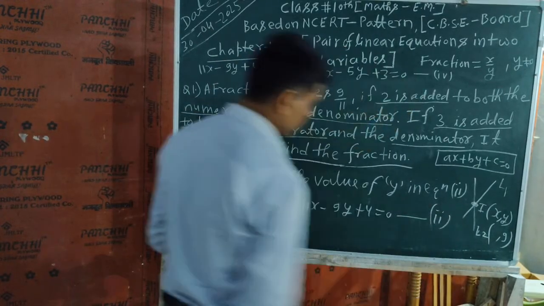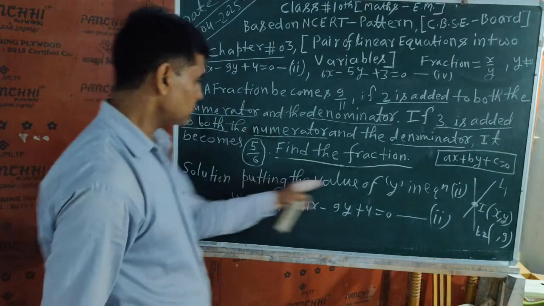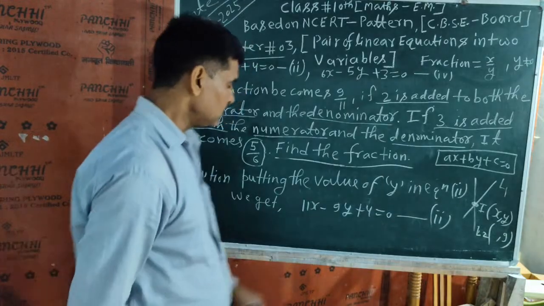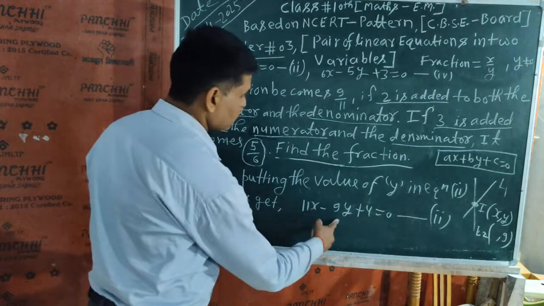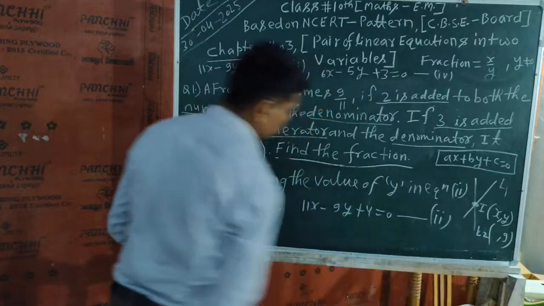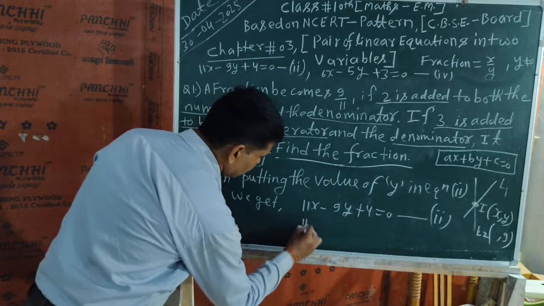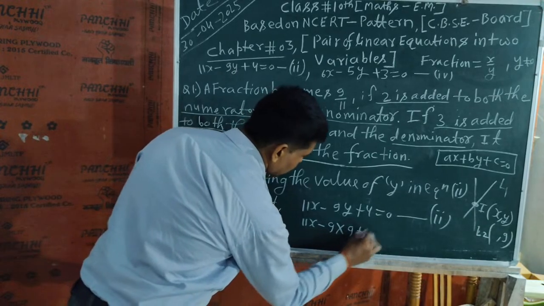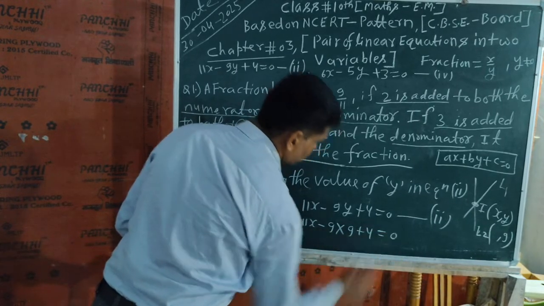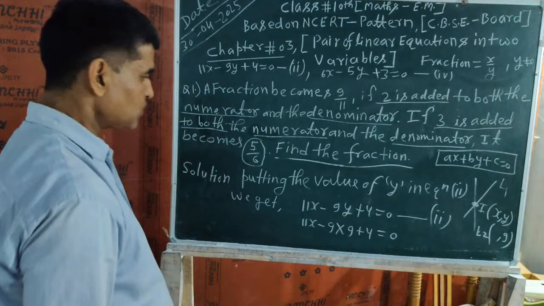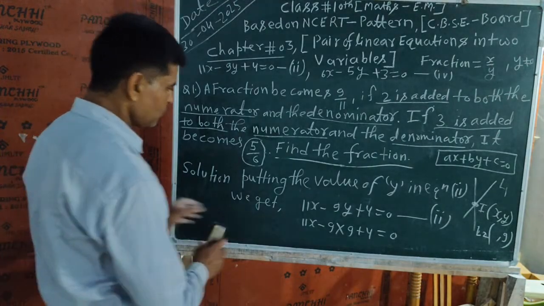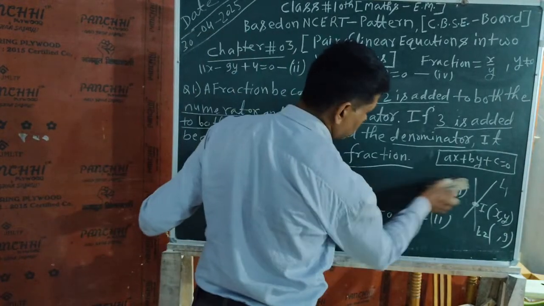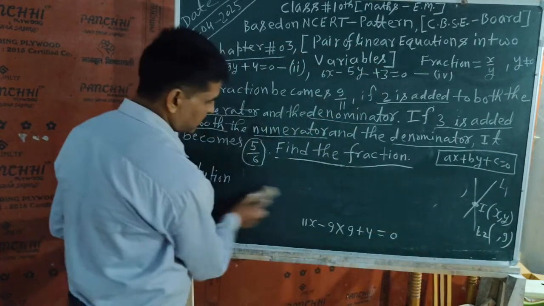Here I have to write. Okay. Now this information we have to use in this equation. So in the place of y, I have to put the value of y is 9. So here I will write 11x minus 9 into 9, and then here I will put 4, which is equal to 0. Okay, student. Further, again I will resolve. So above data I am going to erase for further calculation.